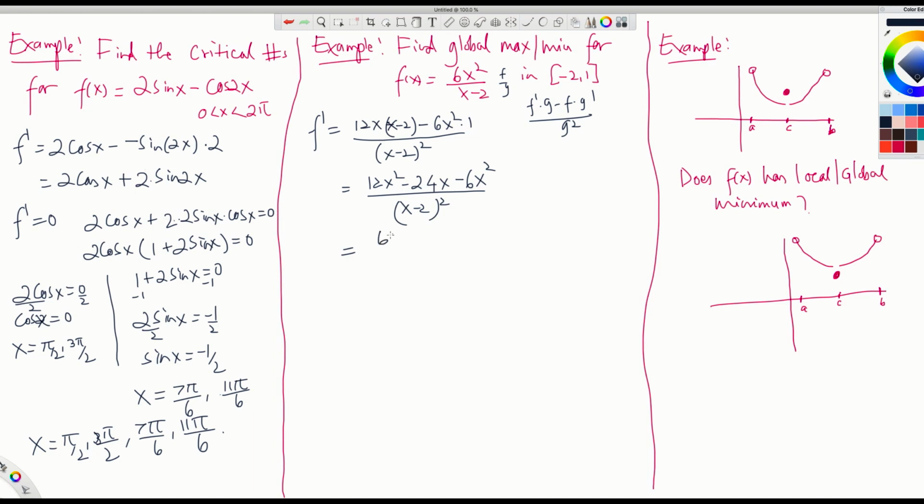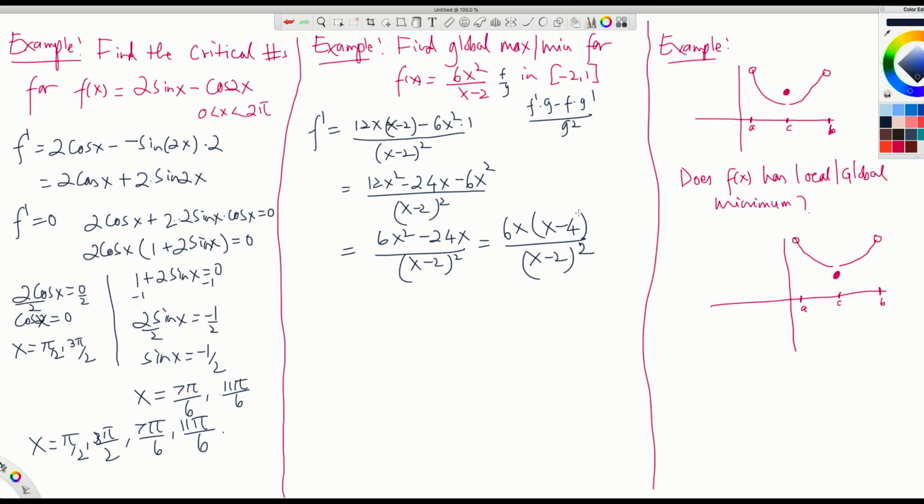So it will be 6x square minus 24x over x minus 2 square. Can you factor out something on the top? Yes. If you take 6x out, what is left is x minus 4, right? Divided by x minus 2 square.